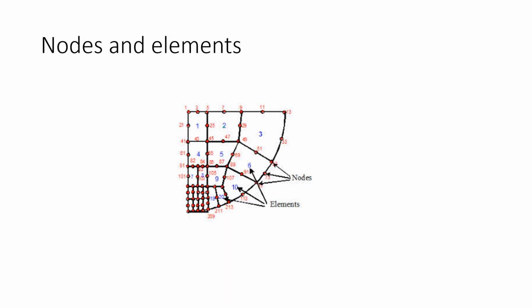At the corners as well as at the side centers, there are some red spots which are numbered 1, 2, 3, like that. Those are known as nodes. So finite element analysis simply means dividing a large structure like this into small elements, and each element is connected to other elements through nodes as shown in the figure.